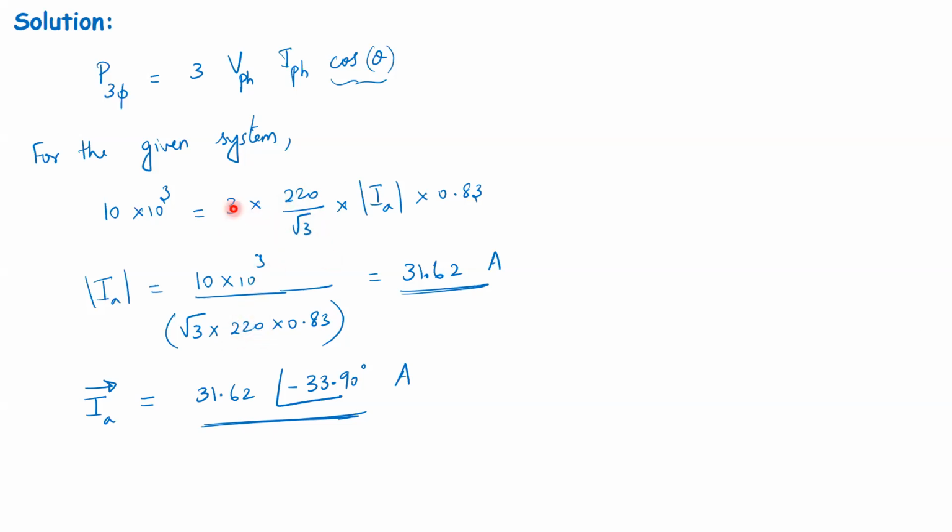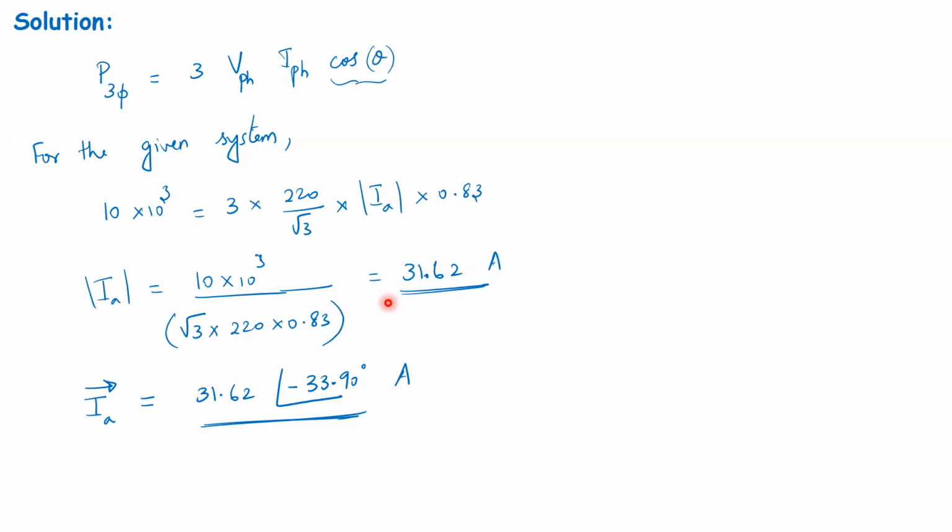I cancelled out the root 3 and 3, and got root 3 times 220 times the power factor value, 0.83. When I solve it, I have 31.62 ampere. So the armature current flowing out of the machine into the infinite bus under the specified operating condition is 31.62 ampere at a negative 33.90 degree angle with respect to the reference phasor, which is the load voltage phasor. I hope it is clear until now.